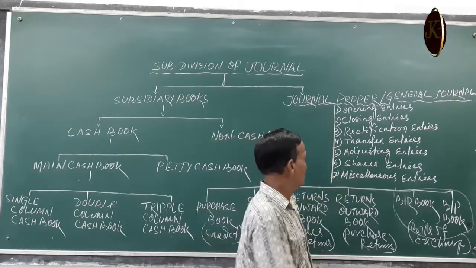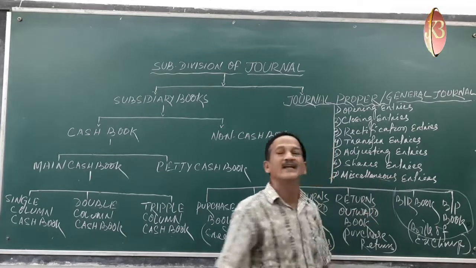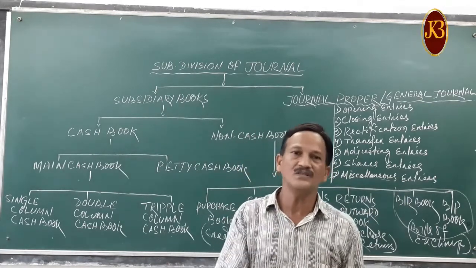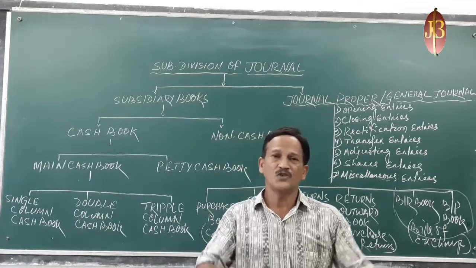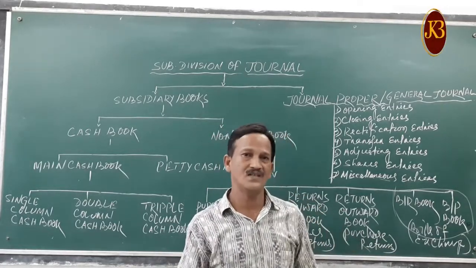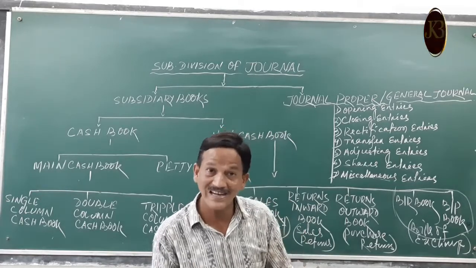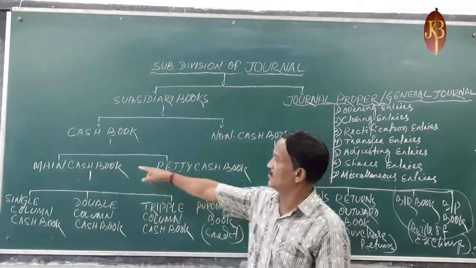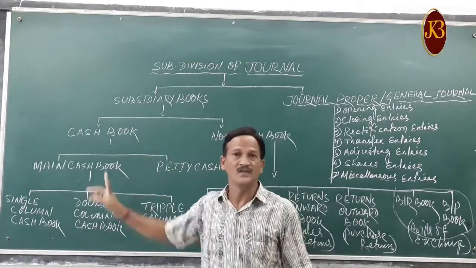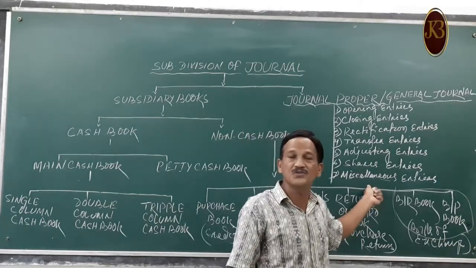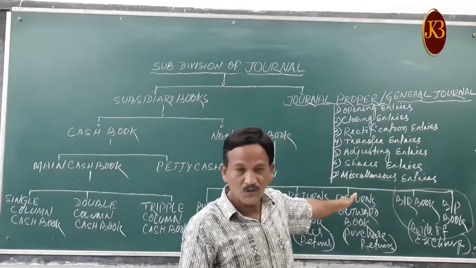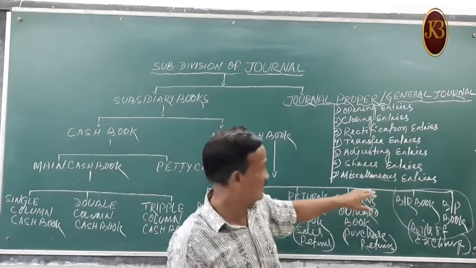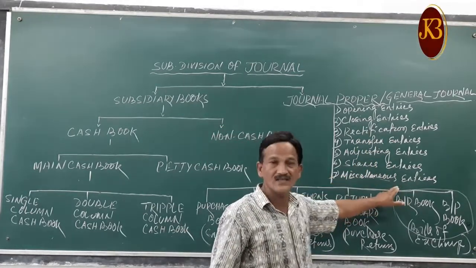Then miscellaneous entries: the rest of the entries which are found occasionally, to record transactions related to purchase of fixed assets, or sale of fixed assets on credit, not on cash. If it is cash, it is already recorded in the cash book. So only the credit sale of goods, credit sale of assets, and credit purchase of fixed assets are recorded in the miscellaneous entries.